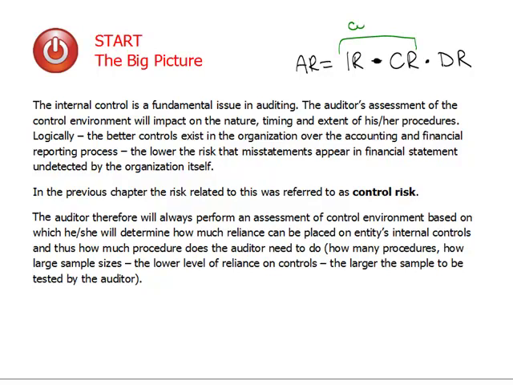These two relate to the company. This relates to the auditor. Inherent risk is pretty much objective. The types of transactions, the types of events that happen may lead to higher or lower inherent risk.